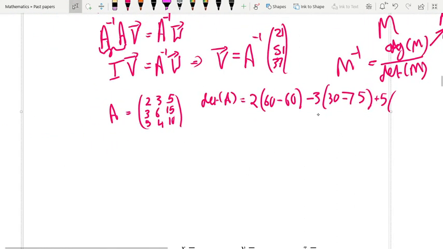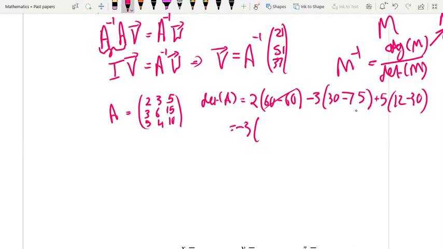So 5 lots of 12 minus 30, that's going to be 5 lots of minus 18.